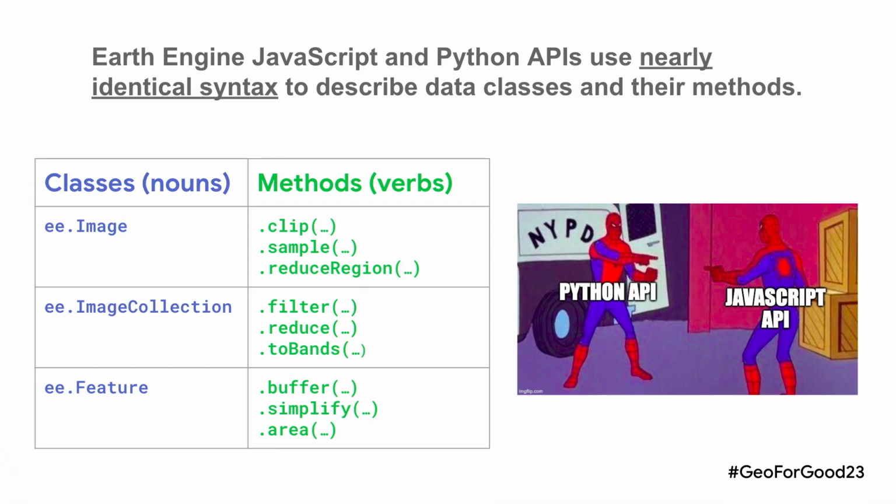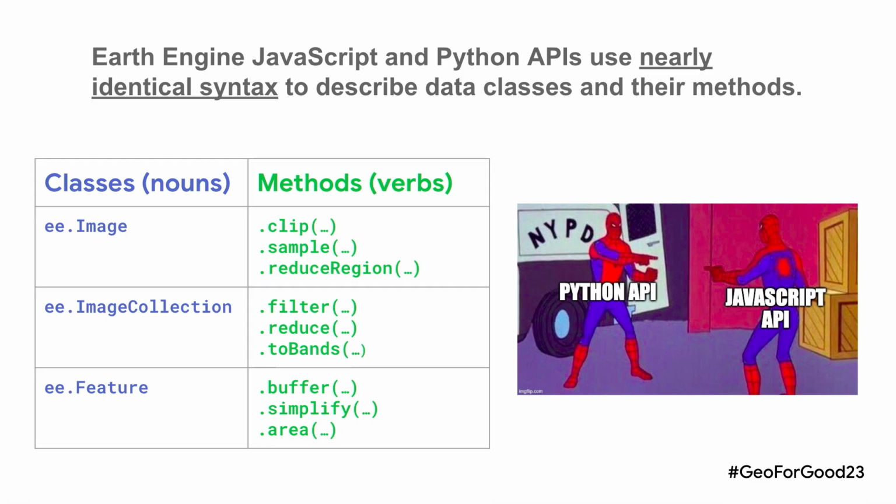So if you have an image, you could clip it or you could sample it. And this syntax is the same whether you're in Python or JavaScript. They're almost identical. And so the real difference between Python and JavaScript is in the small amount of client code that you might be writing to declare a variable or a function.